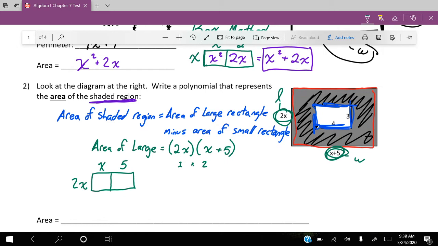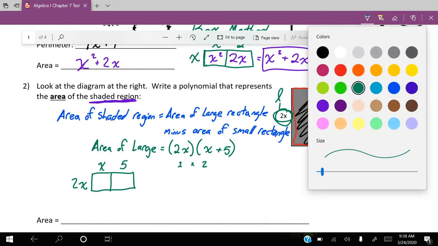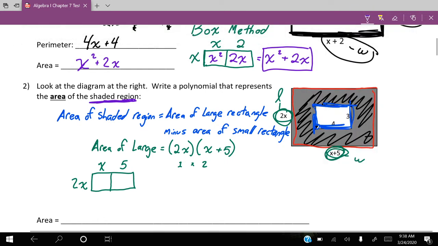Now, 2x times x is 2x squared. 2x times 5 is simply 10x. So I know the area of the large rectangle is 2x squared plus 10x. So that's the area of my large rectangle.